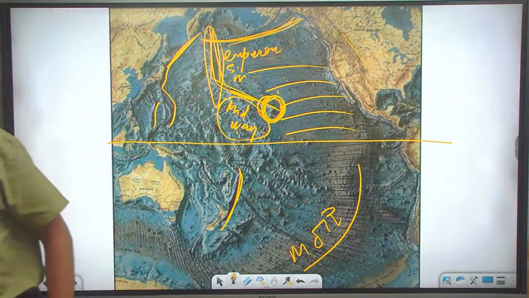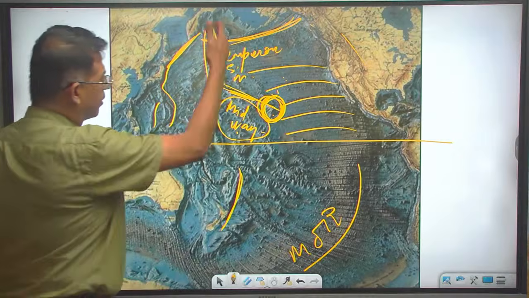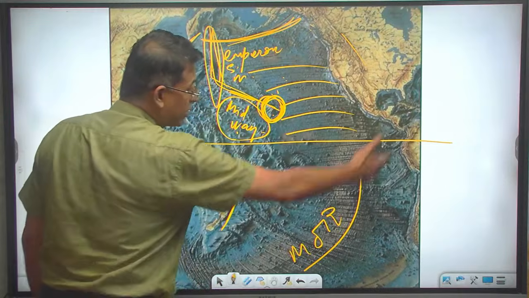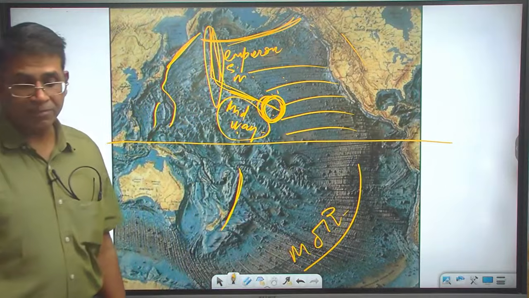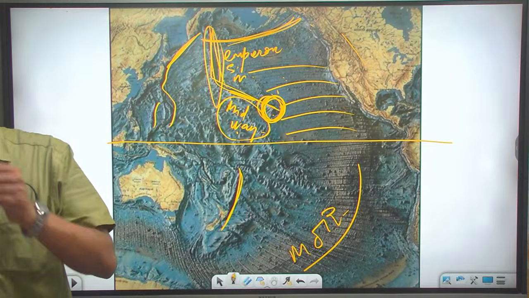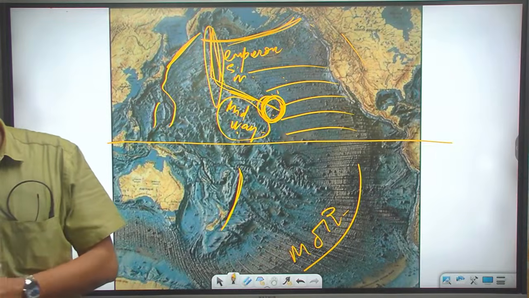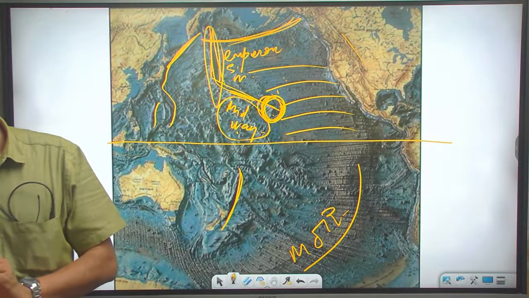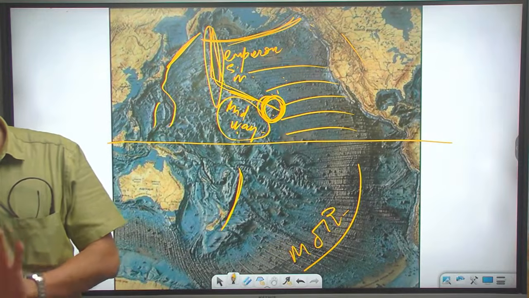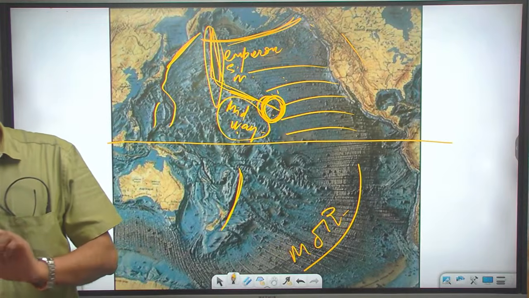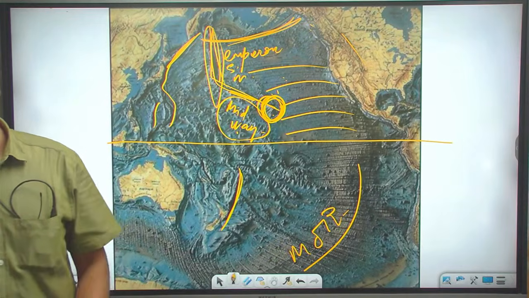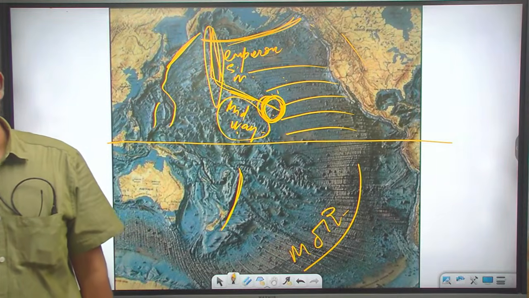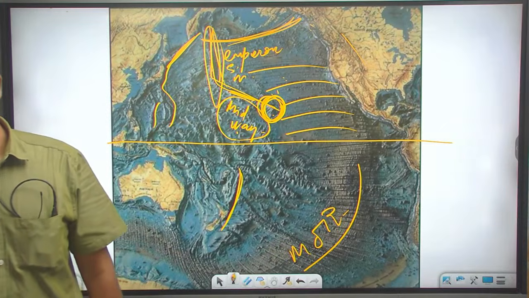So how is it in the other cases? The Moor systems are almost north south. How is it here? It is in the southeast part. Right, next. The Pacific Moor is a very active Moor. It pushes the Pacific Ocean, or rather the Pacific plate, northwestwards.